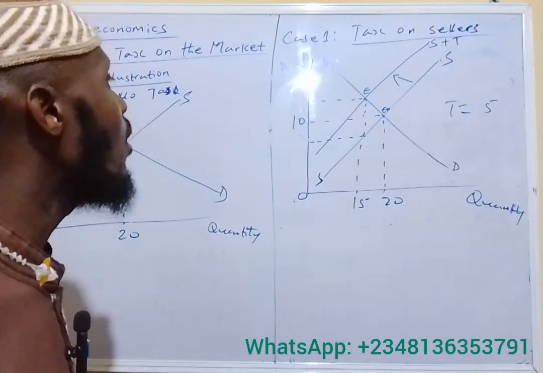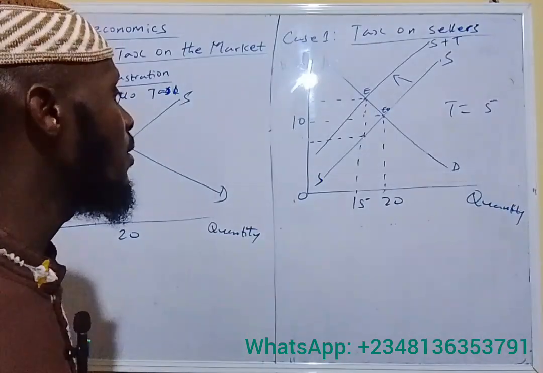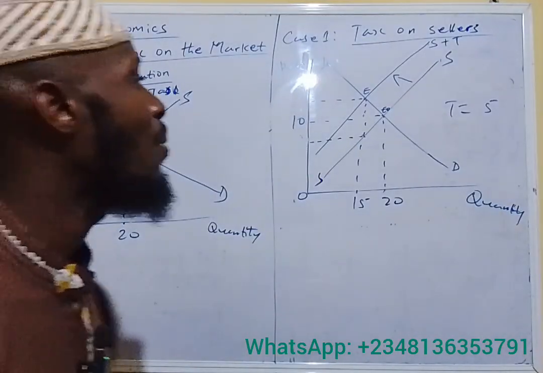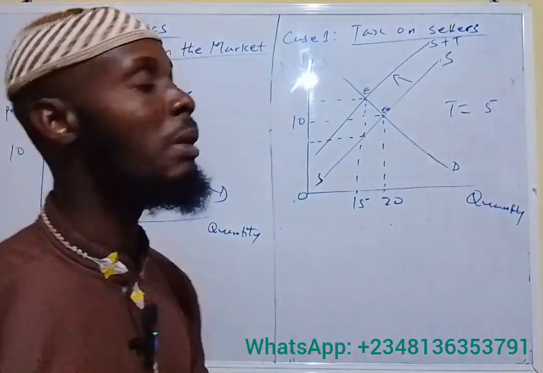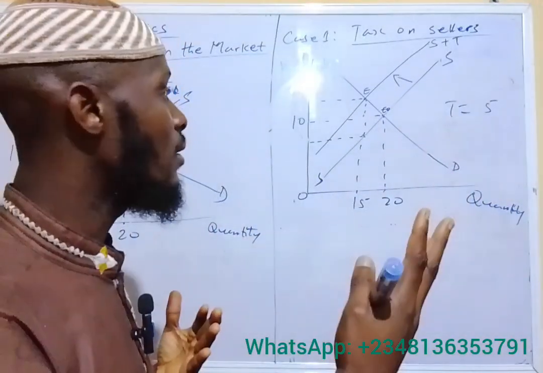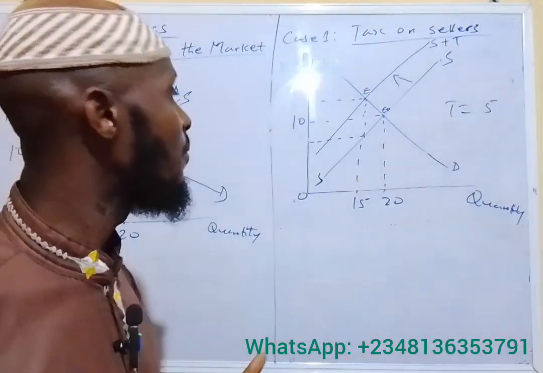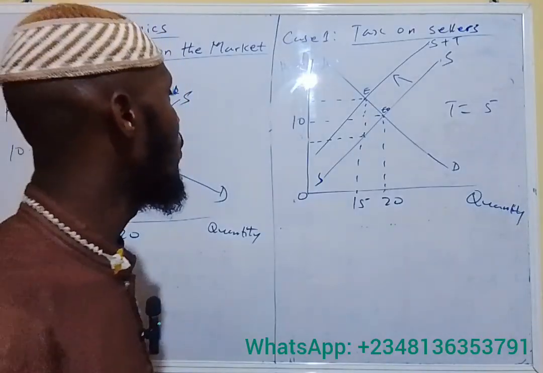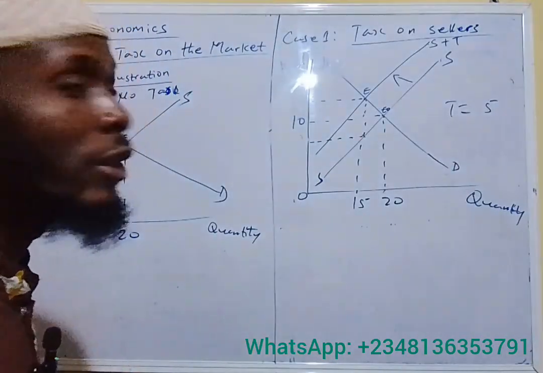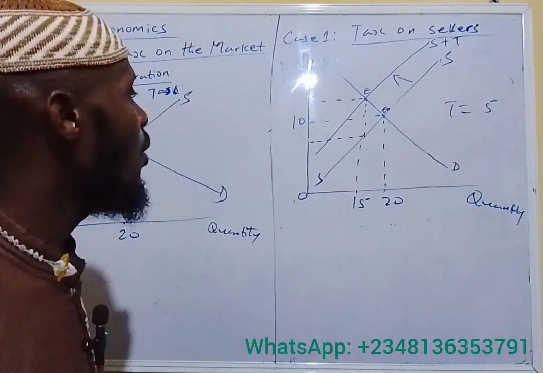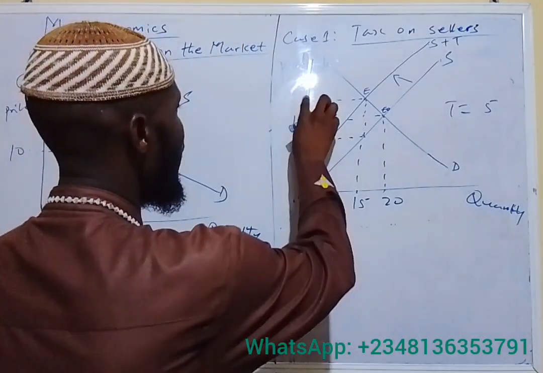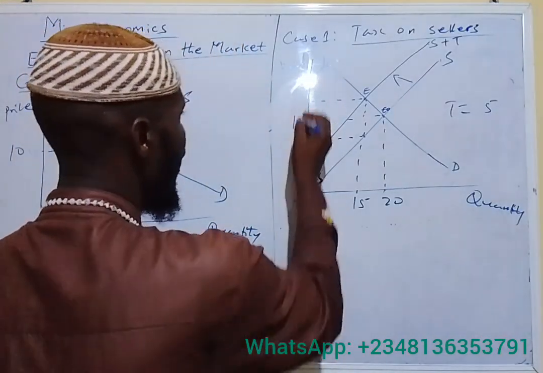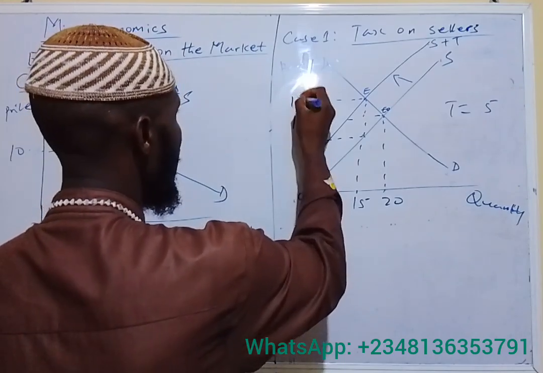What the seller can do is pass a portion of this 5 naira, maybe 3 naira, to the buyer, and the seller will sacrifice the remaining 2 naira. So the seller can sell the product at, let's say, 13 naira.